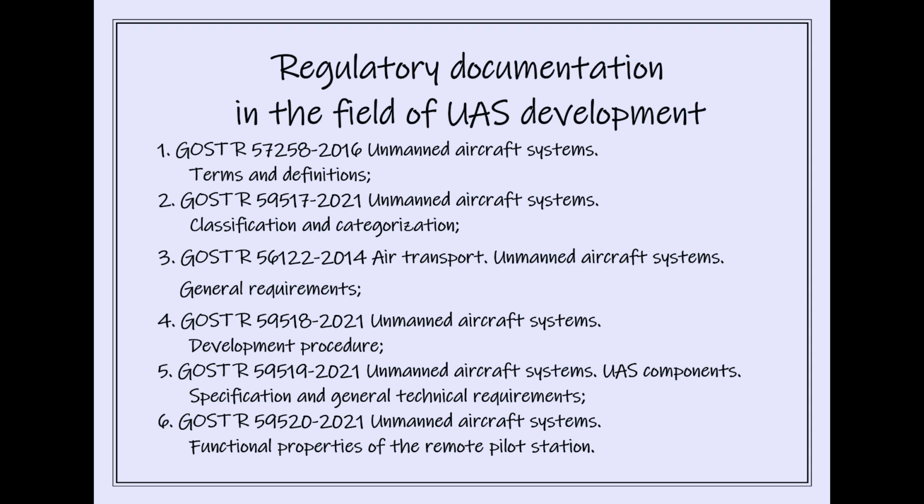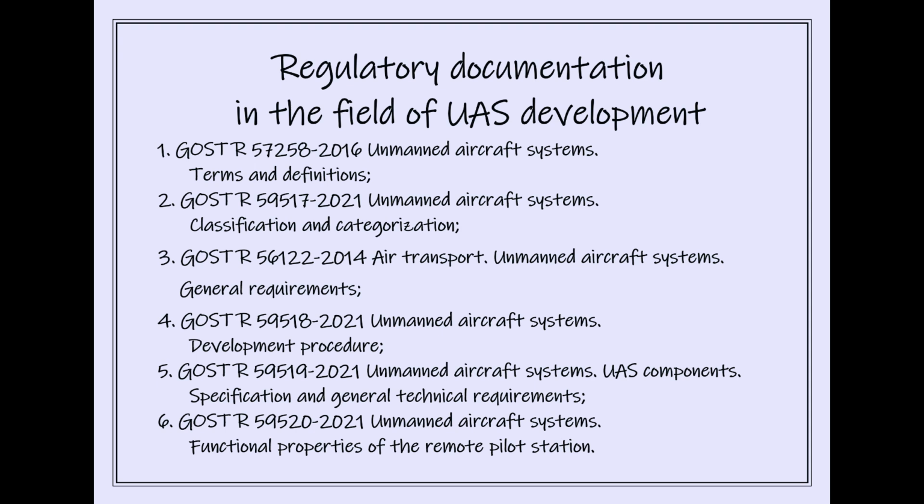Other information generally corresponds to the content of more voluminous documents, like GOST 59751, Unmanned Aircraft Systems with Unmanned Aircraft Vehicle of the Airplane Type, Airworthiness Requirements, adjusted for a narrowed focus compared to all types of unmanned aircraft vehicles in general.